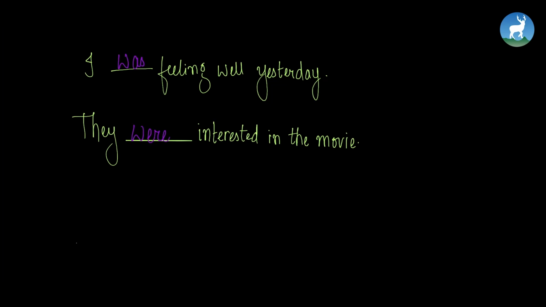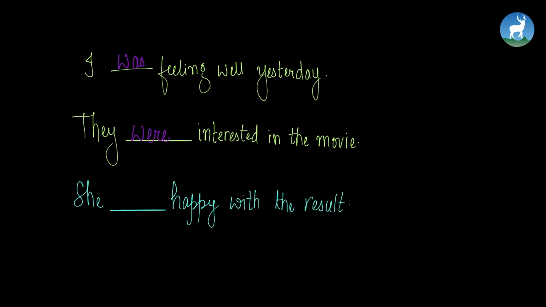Now let's try some negations. Okay? If I say she dash happy with the result, which negation form do we use? Yes, that's correct. Since she is a singular subject, we use she wasn't.